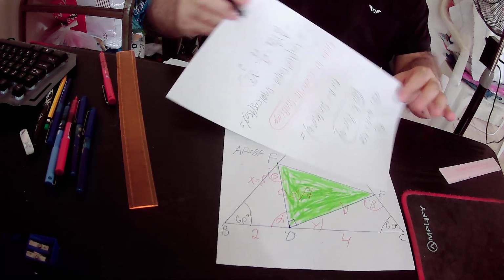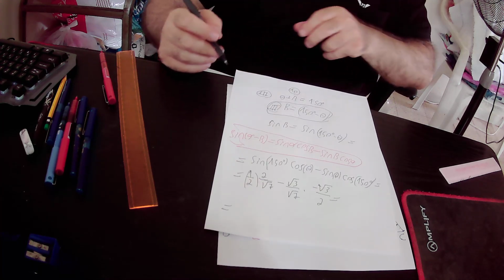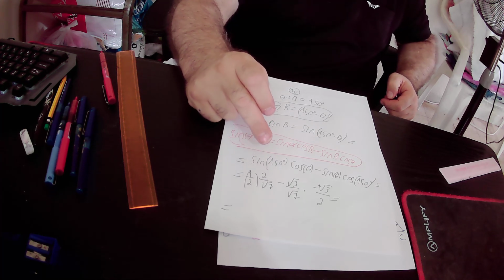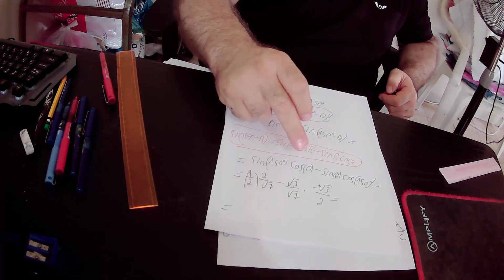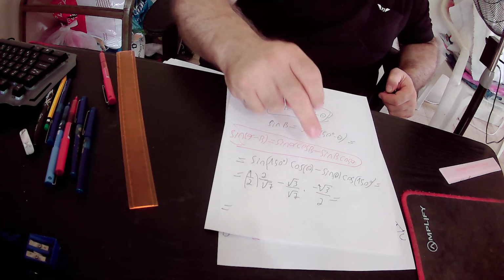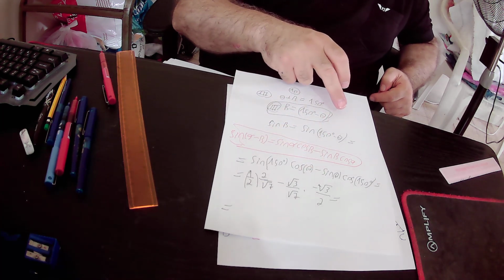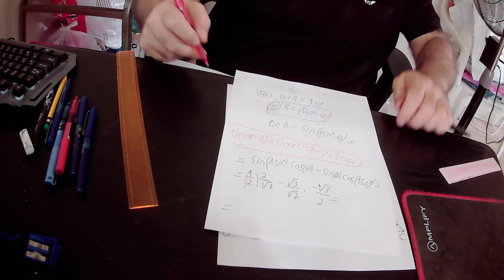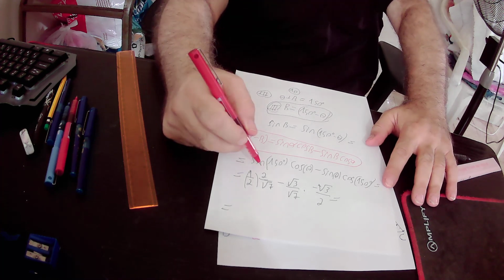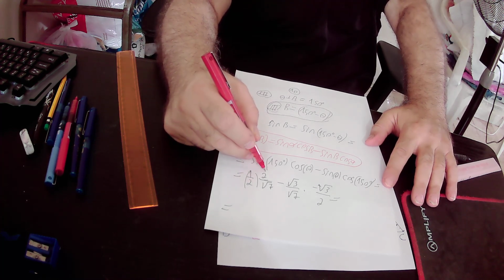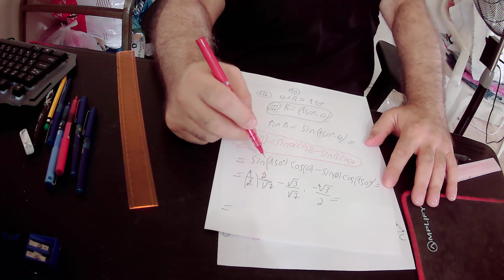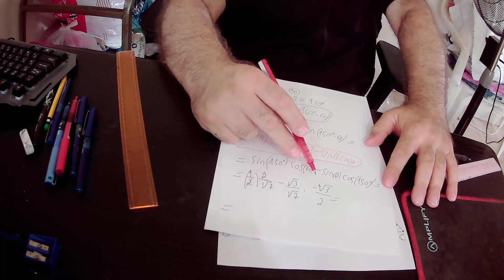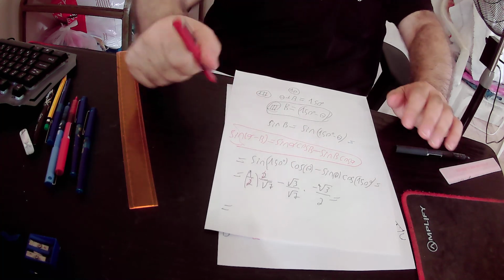So in total we got that 1 over 2 times 2 over root 7 minus root 3 over root 7 times minus root 3 over 2 equals sine of 150 degrees minus theta, that actually equals sine beta. Here we have 2 over 2, which is 1, so the 2 is cancelled, and here we have minus times minus, which is plus, and root 3 times root 3 is 3, so I write it down.